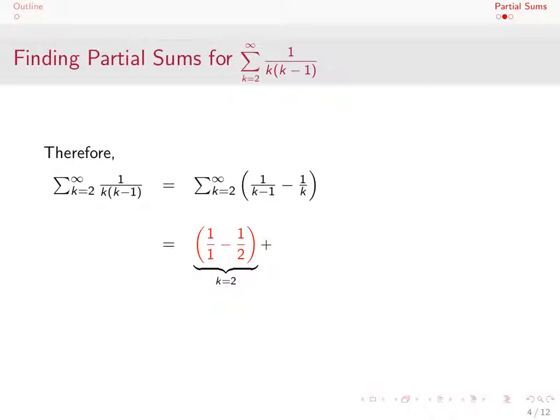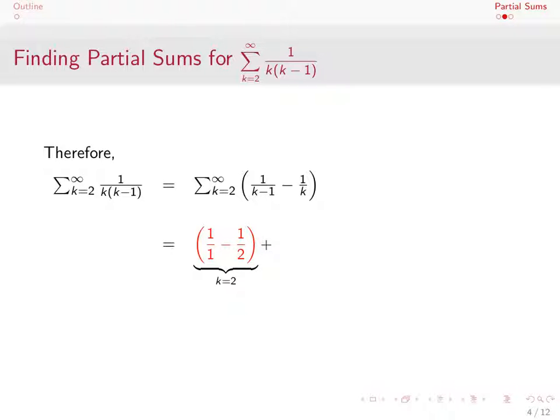So when we think about our series, we can take that general term and replace it with the partial fraction decomposition, and then we can start writing out terms of the series with this new version of the general term. When k is equal to 2, our first term is 1 over 1 minus 1/2.